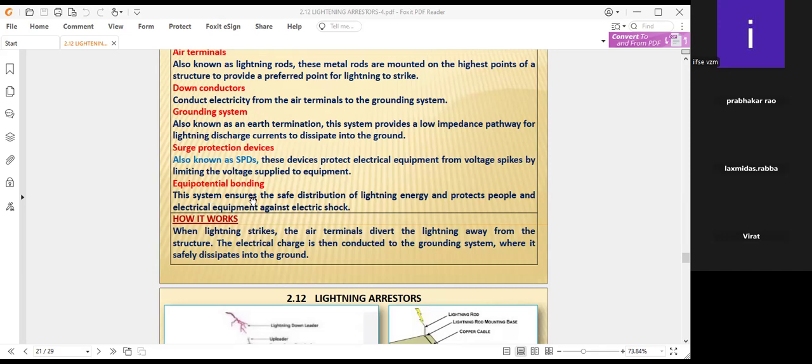This system ensures the safe distribution of lightning energy and protects people and electrical equipment against electrical shock and fire. That is how lightning arresters protect not only the equipment but also people. We already discussed how it works, and it will be displayed.